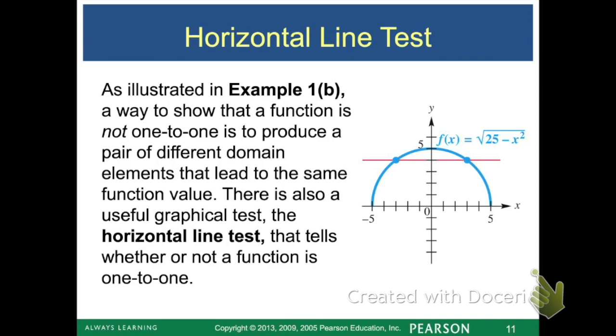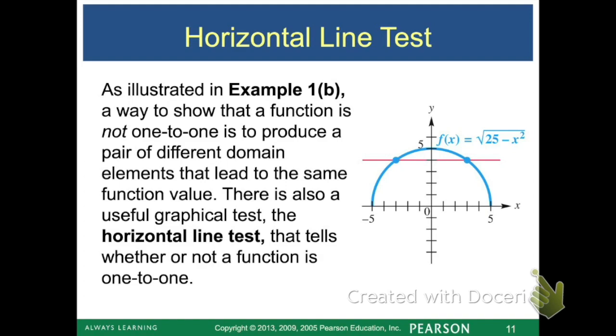Here I've graphed square root of 25 minus x squared, and we see that it's a semicircle, and it doesn't pass the horizontal line test. That's something that's going to tell us whether a function is one-to-one or not. So vertical line test we've done before. We have a graph, we draw vertical lines. If it crosses more than once, then it doesn't pass the vertical line test.